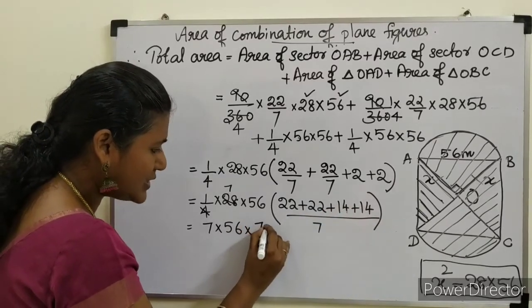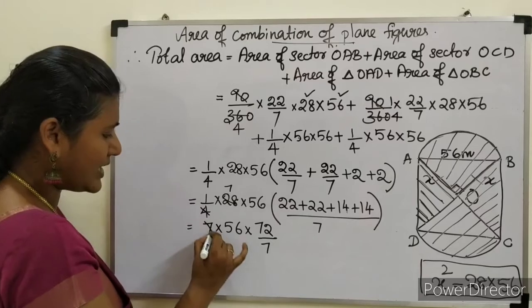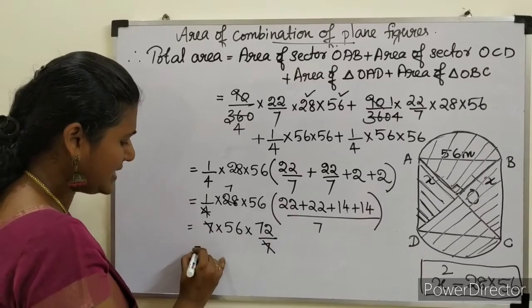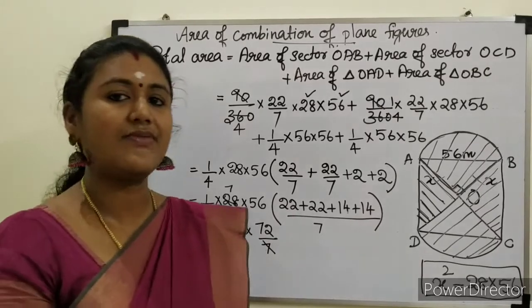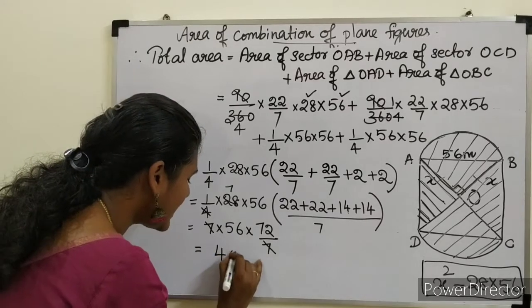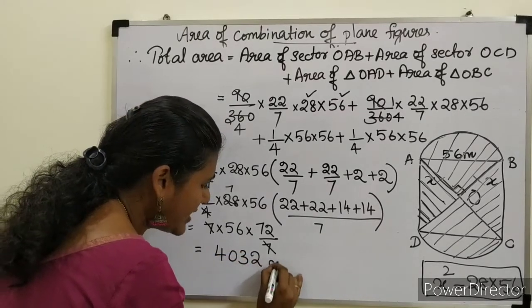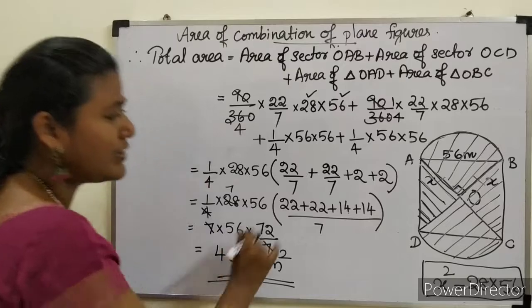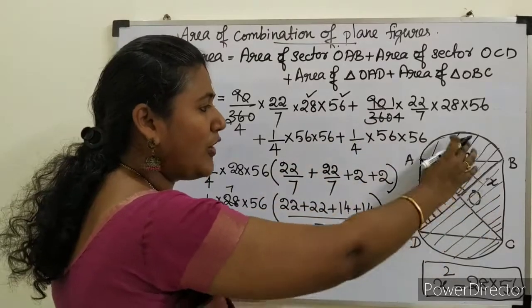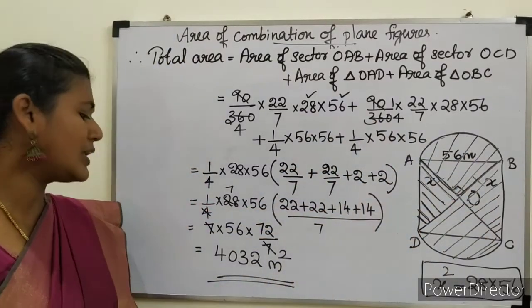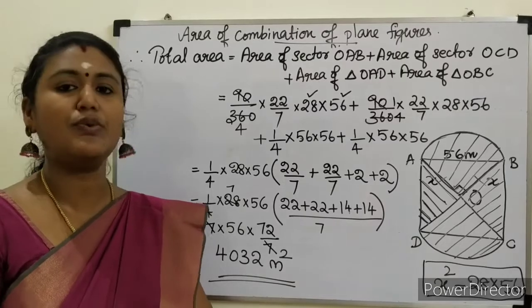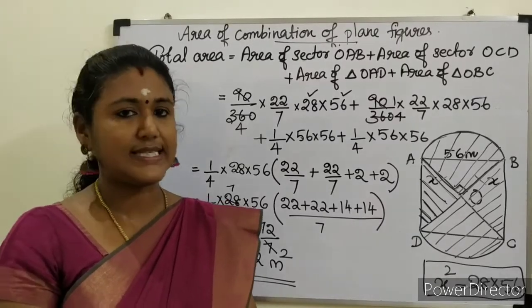So 72 by 7. We can cancel these two numbers, and the final answer we get is 4032 meter square. So the area of the entire lawn and the flower bed is 4032 meter square. Now we will see the next question.